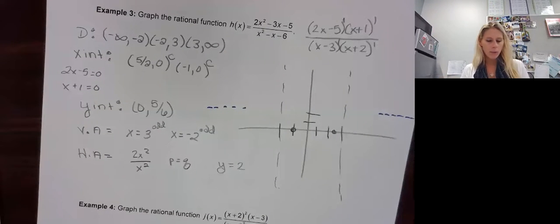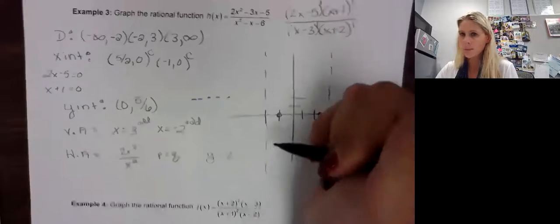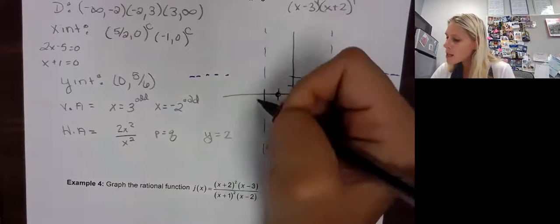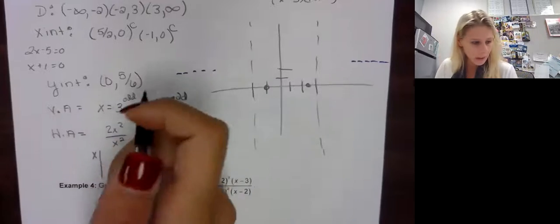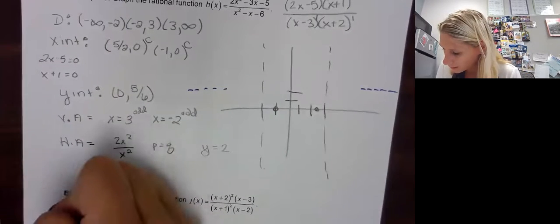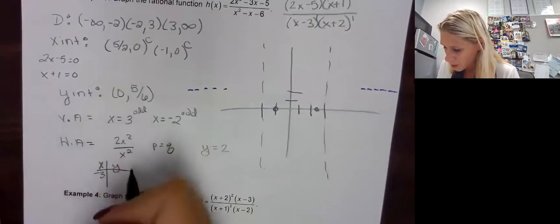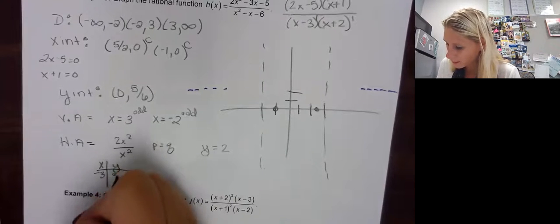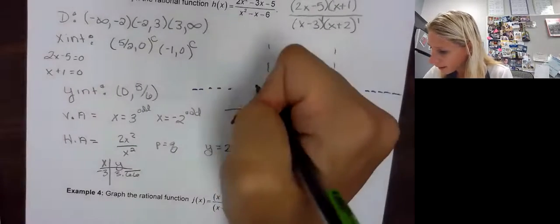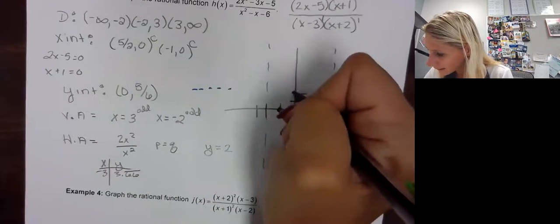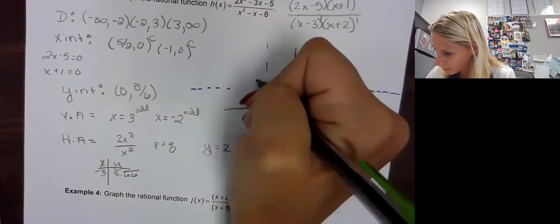All right, now we need to plug in a point to see where our values are going. So I'm going to always start on my left. It's just habit, guys. So I'm going to plug in negative 3. Sounds good? When I plug in -3 into the calculator, I get 3.66 repeating. Okay, that means at -3, I am, let's see, that was 2, and this is 3, so I'm up here.